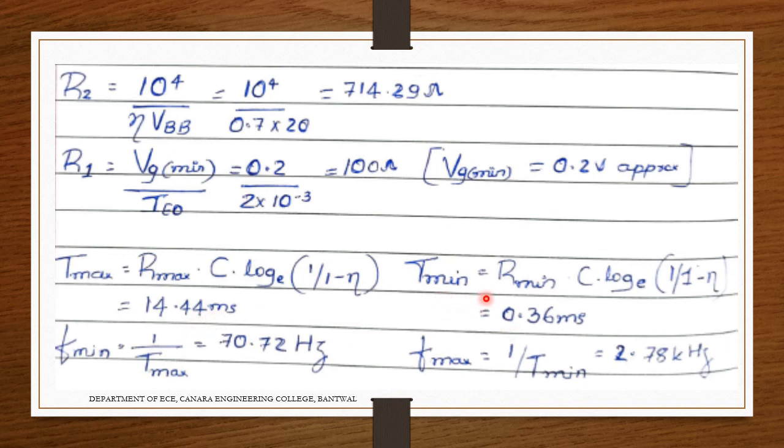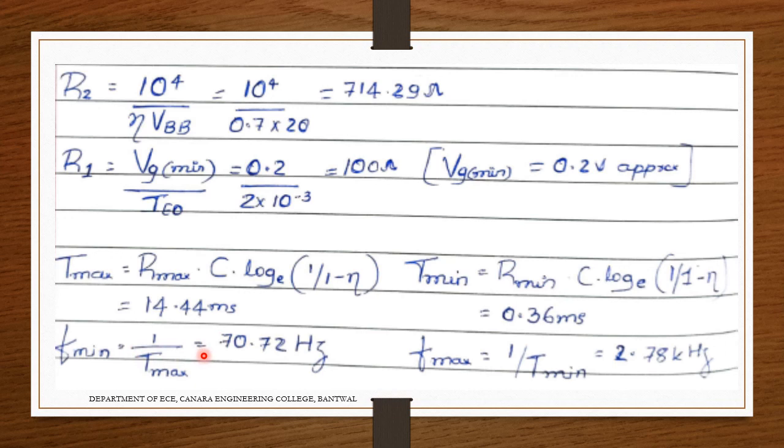For T minimum, it is R minimum, which is 3 kilo ohms, into C, 0.1 microfarad, log e of 1 by 1 minus 0.7, so that is 0.36 millisecond. And remember one thing, F minimum is equal to 1 by T max, so it is reversed.